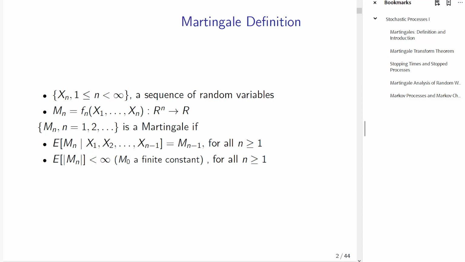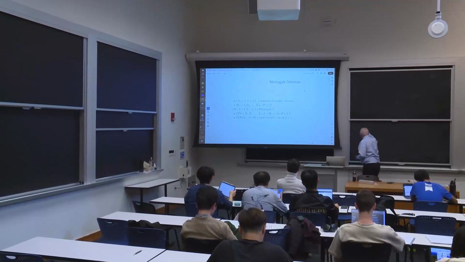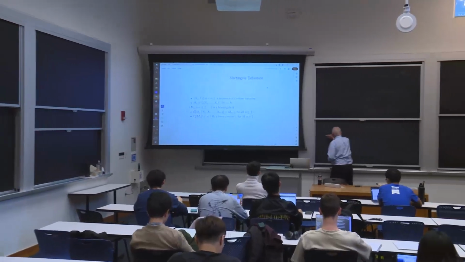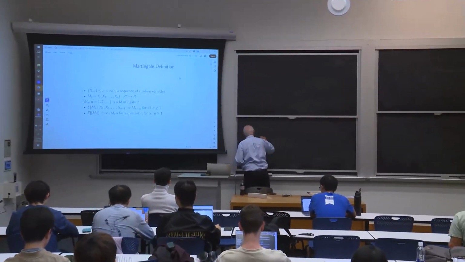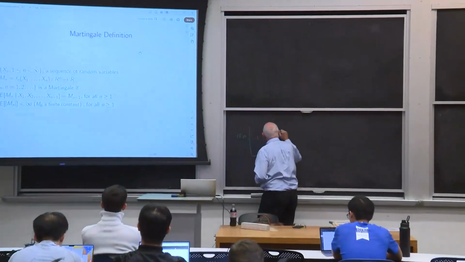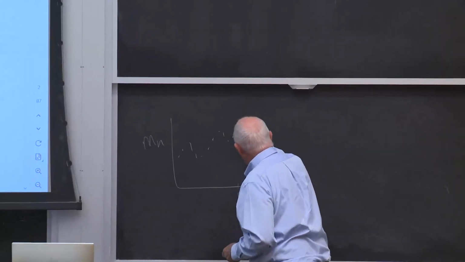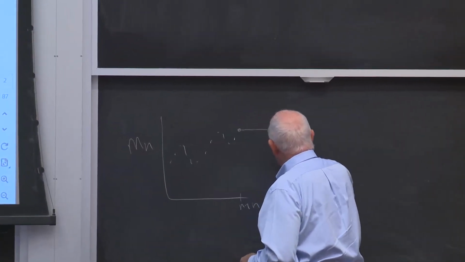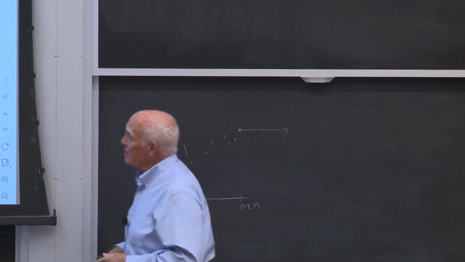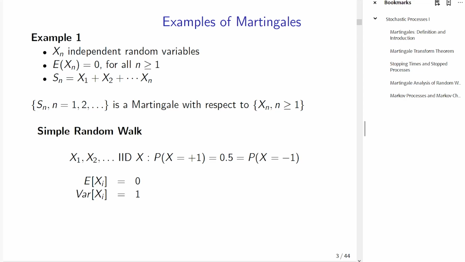So with the process evolving over time, we have an M sub n process. Basically, at time n minus 1, we have a value. Our prediction is that the expected value of that in the future is M_{n-1}. Some examples of these we went through last time, a simple random walk.